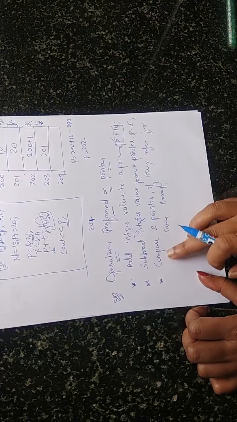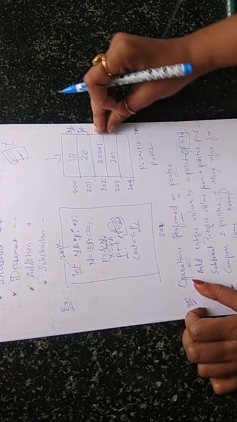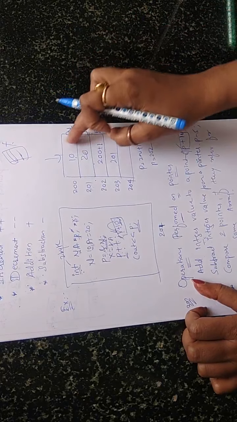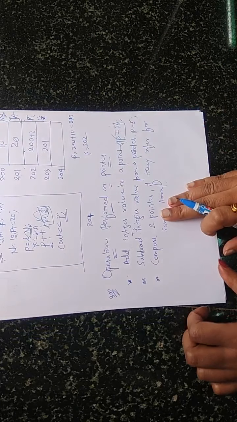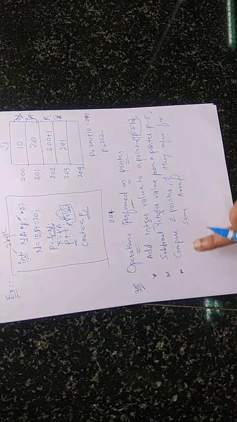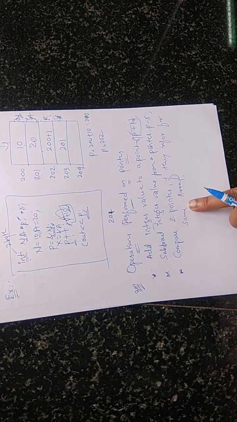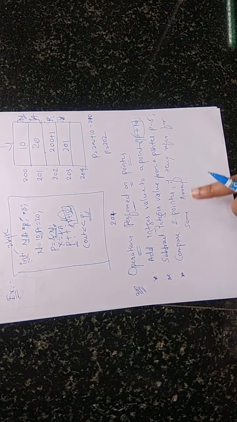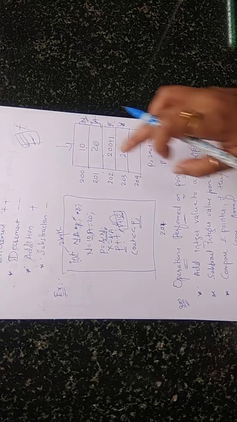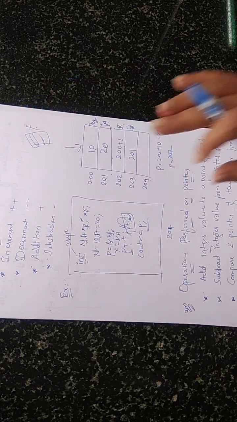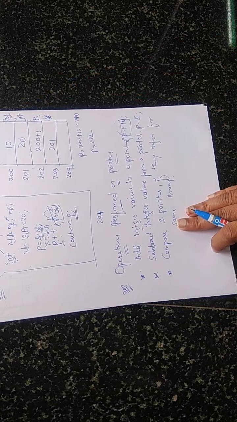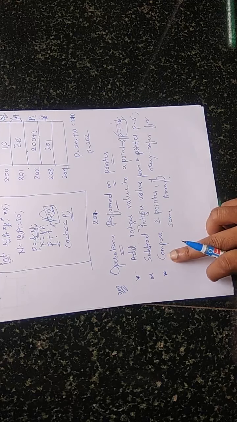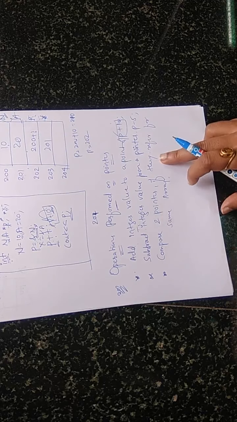You can compare two pointers if both are referring to the same memory location of the array. Comparison of two pointers is possible when they are referring to the same array. If they are referring to two different arrays, then it is not possible to compare your pointers. So the third operation is, you can compare two pointers if they are referring to the same array.